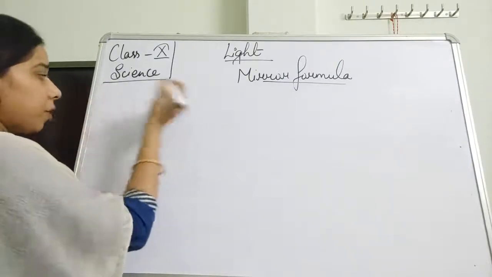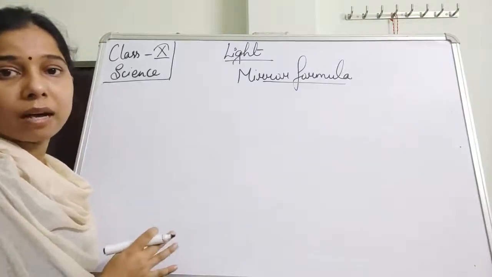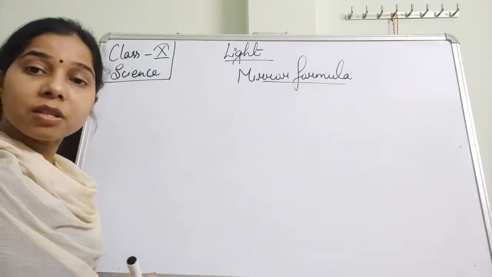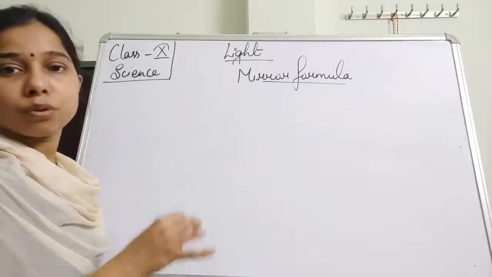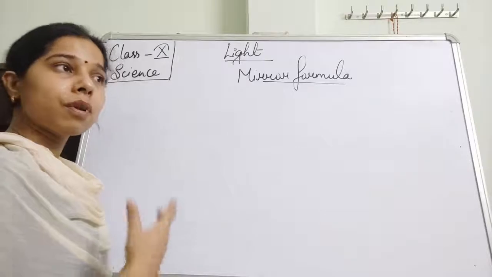So the object distance is what? The distance from the pole to the object is known as the object distance. Image distance is the distance from the pole to the image. Focal length is the distance from the pole to the focus.